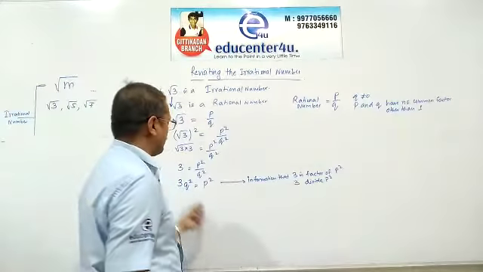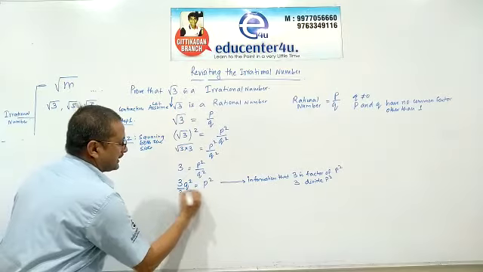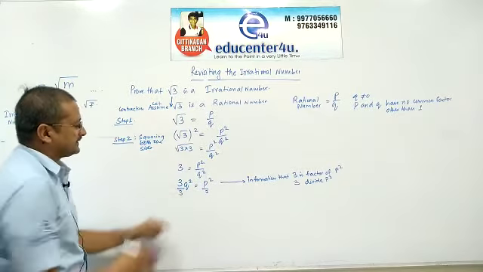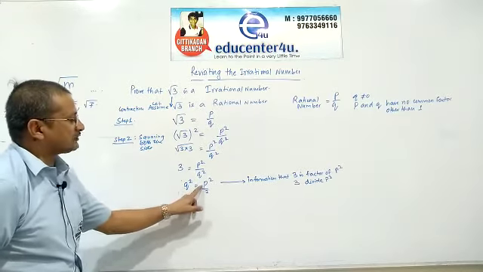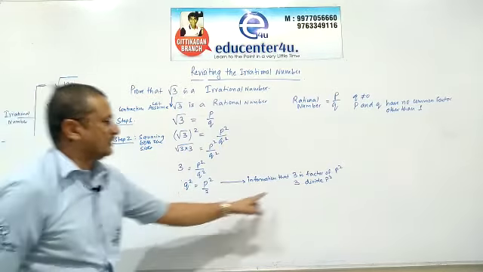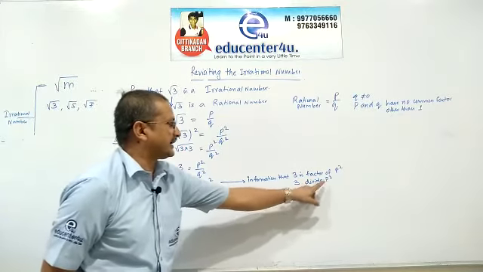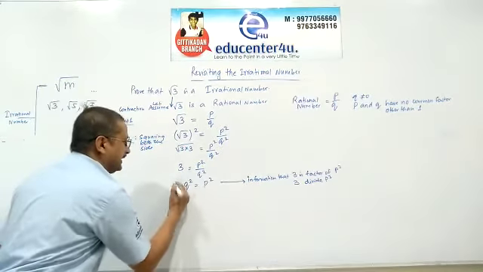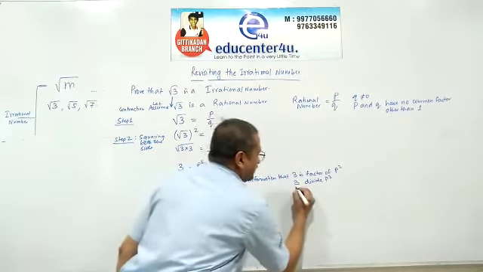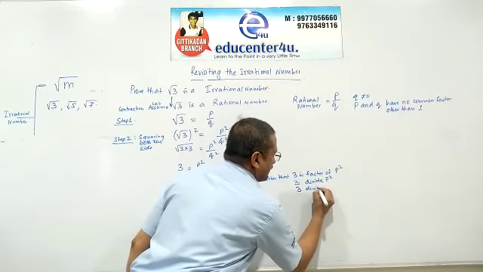As per the theorem, if a number divides p square, then that number will also divide p. So 3 divides p.